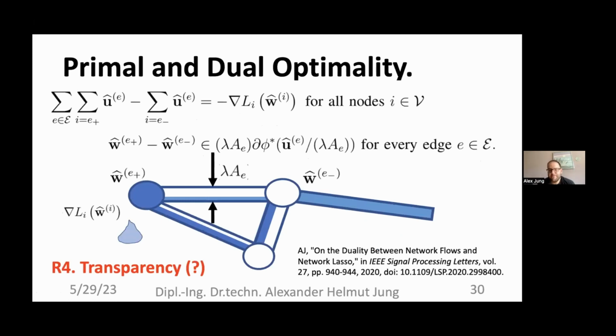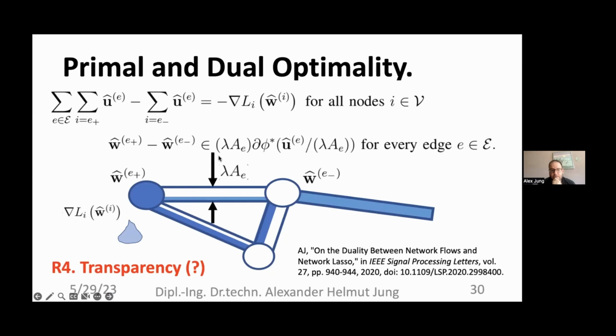And also what I like about this, and maybe this could be called transparency, is that if you like these characterizations of systems by optimality conditions, we have here this primal dual optimality condition, and this structurally resembles what I learned a long time ago in high school as Kirchhoff's law, or a special case of Maxwell equations.